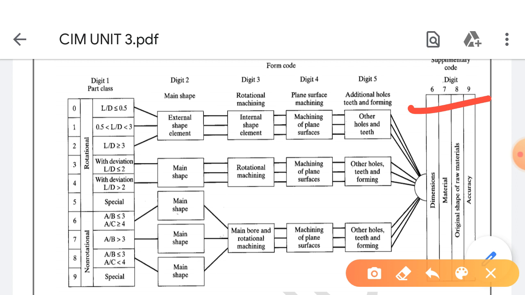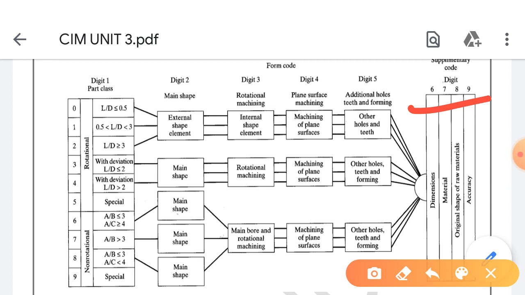The eighth one is the original shape of the raw material, whether it is rotational or a rectangle. And the last, ninth digit represents accuracy or tolerance, how much tolerance you have to manufacture to.